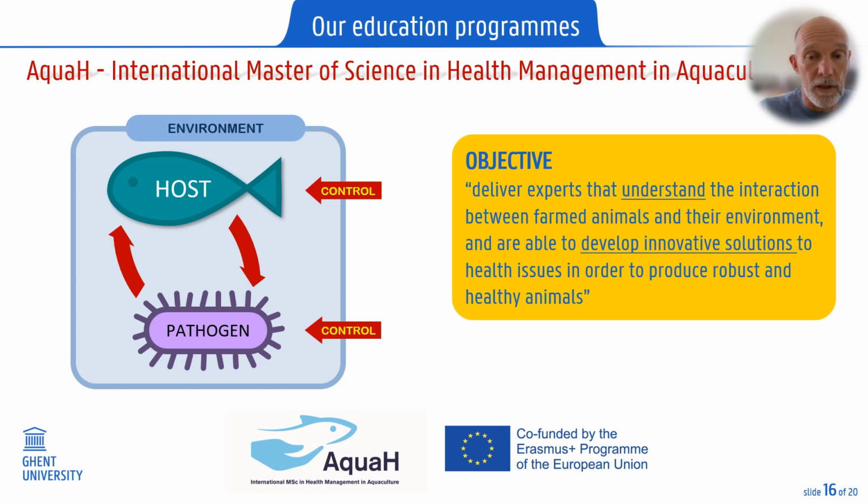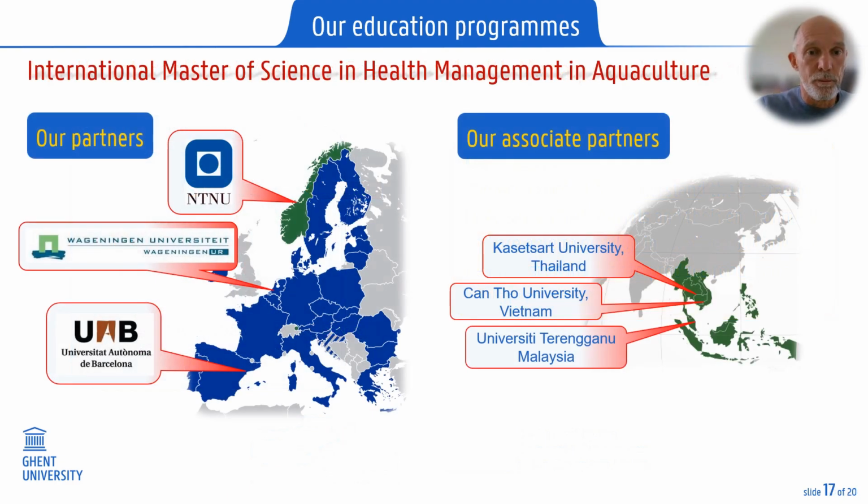It is an Erasmus program, which means that we are not organizing this on our own. We are basically pooling our strengths with a selected number of European institutes with top research on health issues in aquaculture.